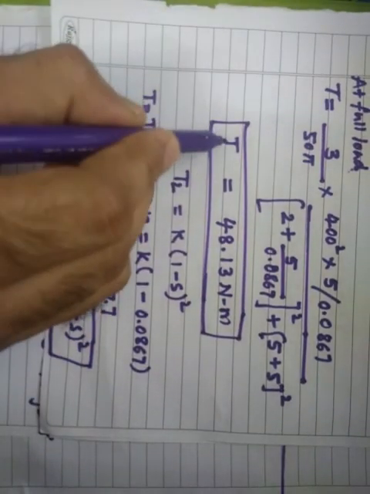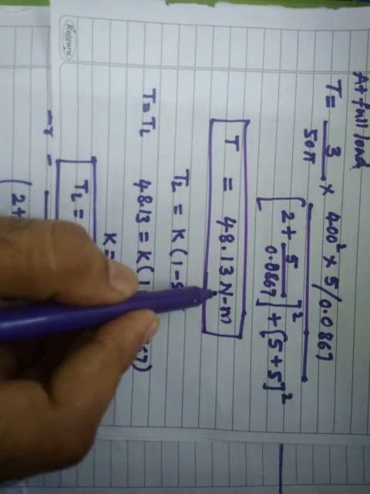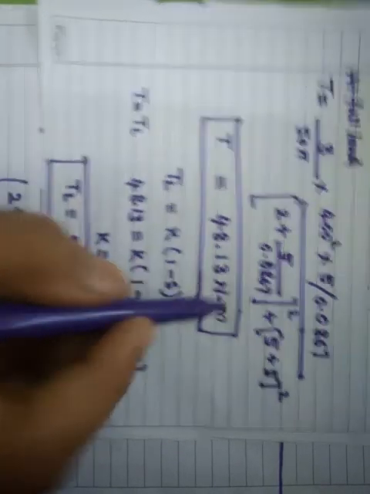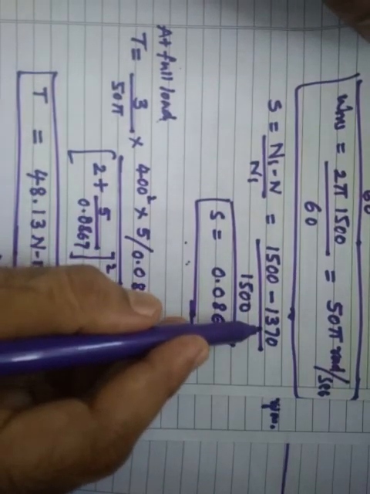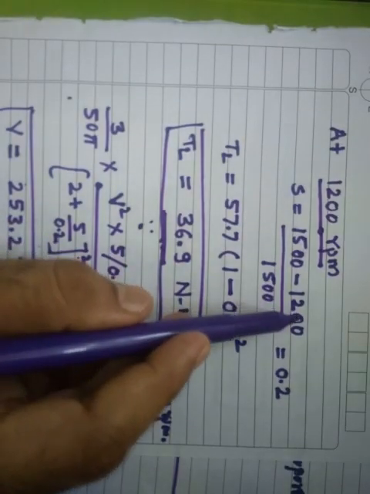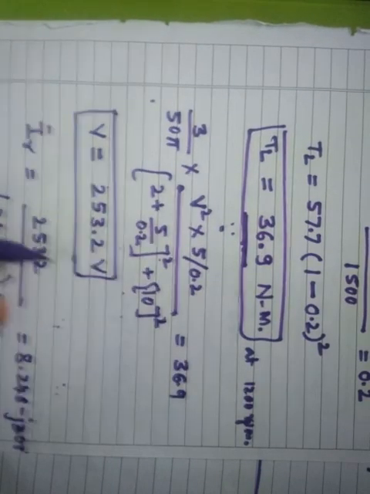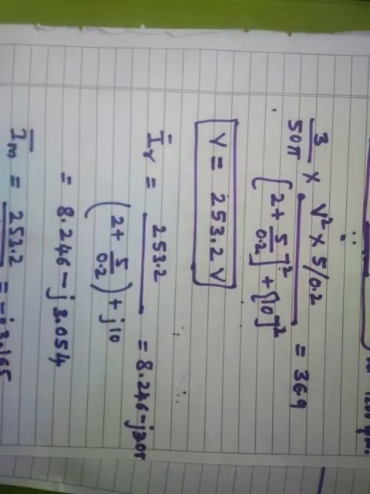The full load torque we got here was 48.13 Newton meter at a speed of 1370. Now the speed is reduced to 1200, so the torque is reduced to 36.9 and the voltage is 253.